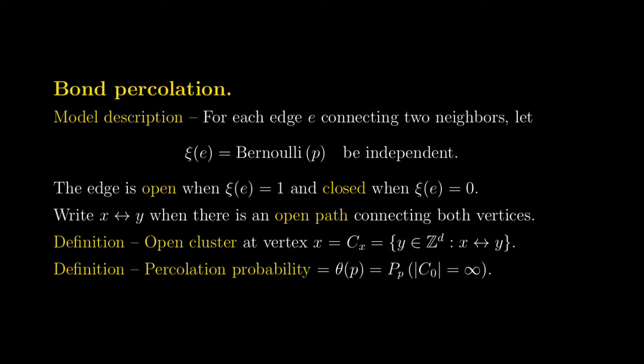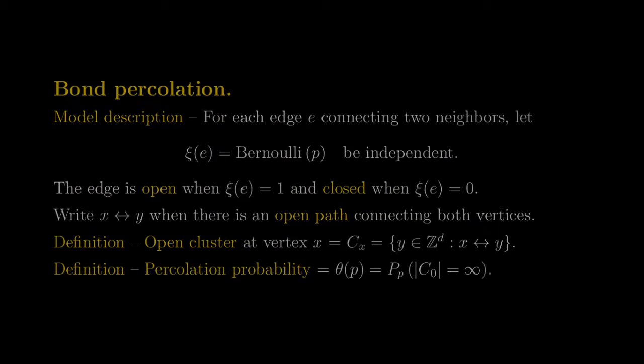And you see here, I put a subscript p next to the probability because obviously this probability should depend on this parameter p that corresponds to the density of open edges. So we are going to call this percolation probability θ(p). That's clearly a function of p, and now the goal is to study this function, and we are going to prove now that this function is non-decreasing with respect to p.